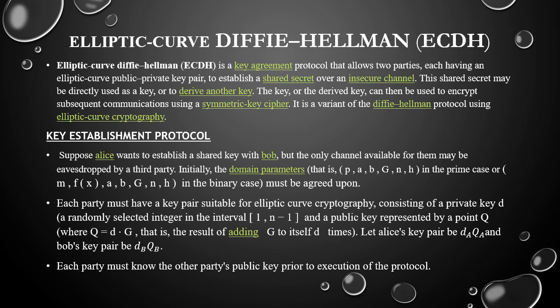In ECDH, a symmetric key is derived from the shared key using some hash-based derivation function. The shared key calculated by both parties is equal because dA times QB is equal to dA times dB times G, which is equal to dB times dA times G, which is equal to dB times QA.